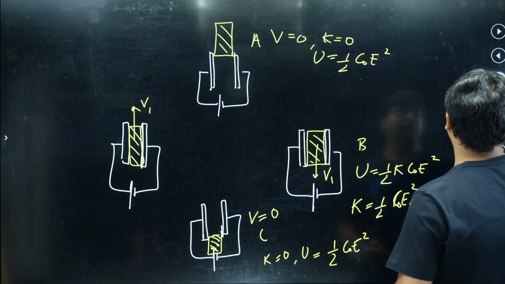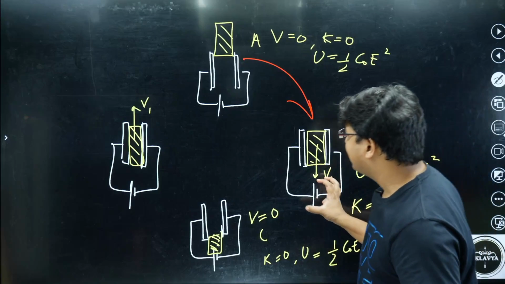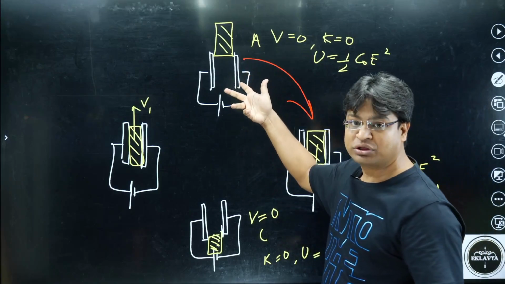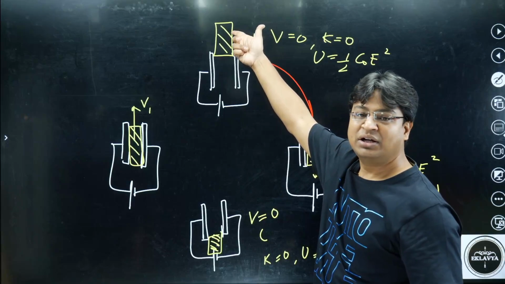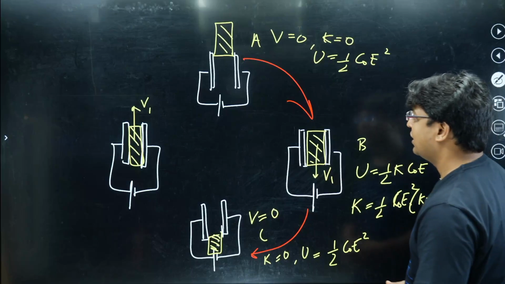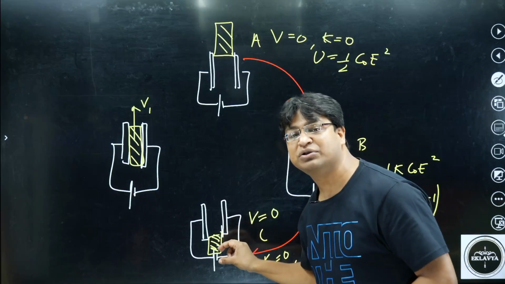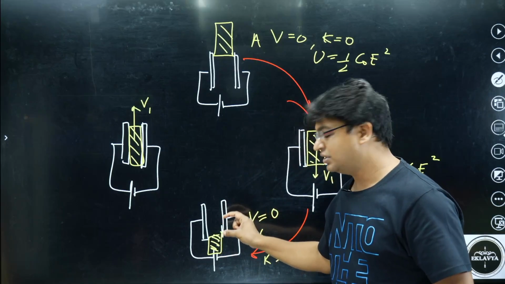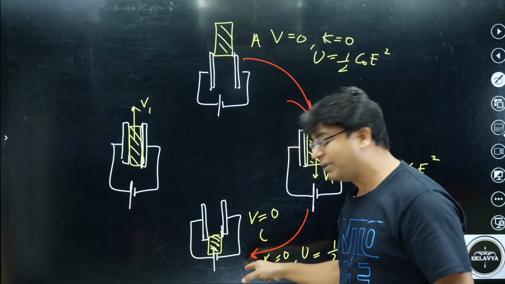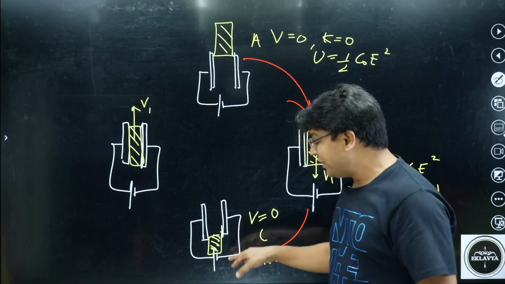As we go from this position to this position, the battery supplies energy to both the capacitor and the dielectric. When we come from this to this, here the battery was supplying energy. Now both of them are giving the energy back to the battery. The capacitor is giving its electric energy back to the battery. The slab is giving back its kinetic energy back to the battery.